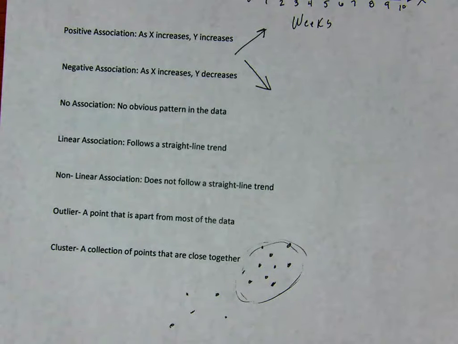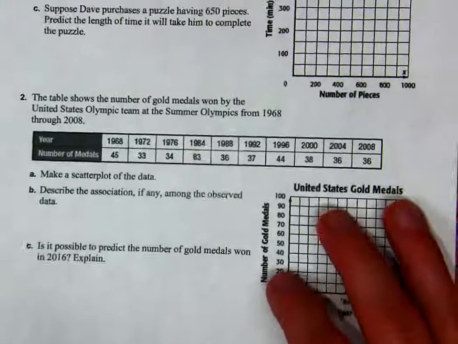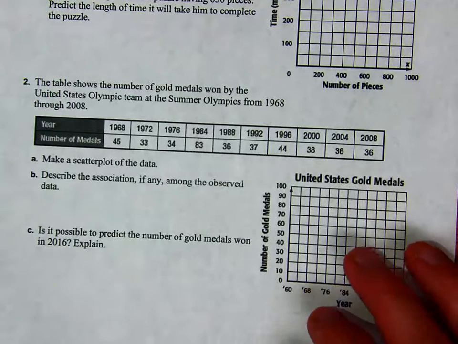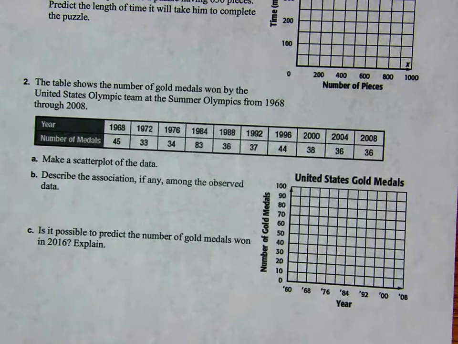So I'm going to do one of the examples from the problems I'm going to assign you. It'll be extra practice number 2. The table shows the number of gold medals won by the United States Olympic team at the Summer Olympics from 1968 through 2008.